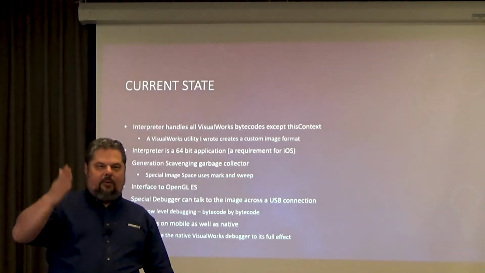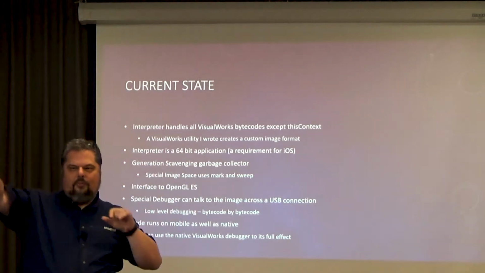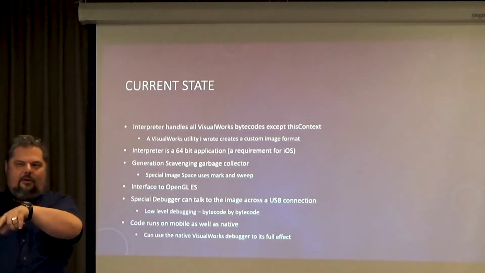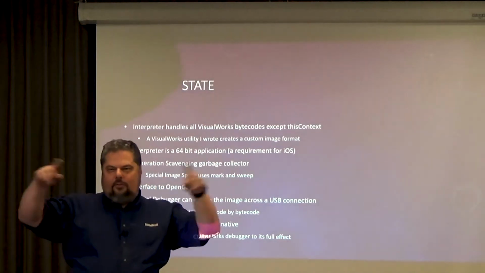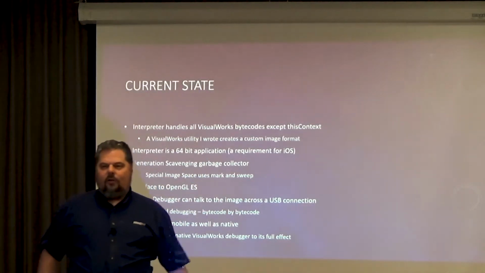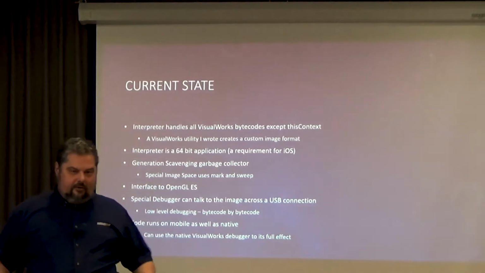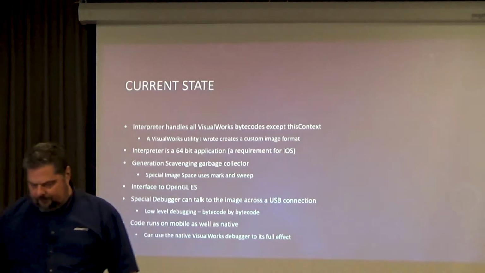If I say, what's the next bytecode, it shows me the next bytecode. And I'm always having to switch back and forth from VisualWorks inspectors of the compiled methods back to the bytecodes to figure out where I am in the method. But for low-level debugging, I can use that. And in fact, it's really quite necessary if you're going to be doing this type of debugging.